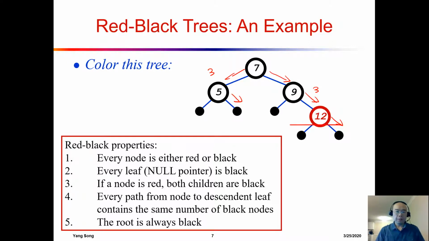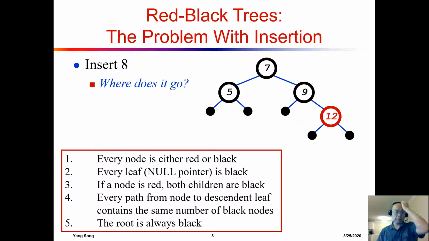The next part: if you want to do an insertion, say insert an 8, where does it go? You may ask, wait, we haven't talked about insertion in a red-black tree yet. But remember, a red-black tree is an upgraded version of a binary search tree, so the insertion rule works quite similarly.